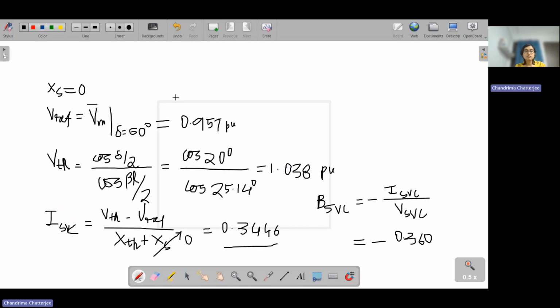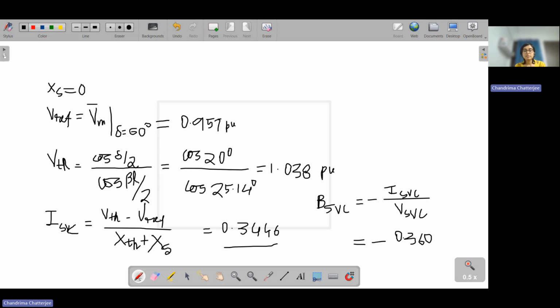So we will use the same equations, just the difference is that now XS is not 0. Now it is 0.05, right? V Thevenin remains the same.